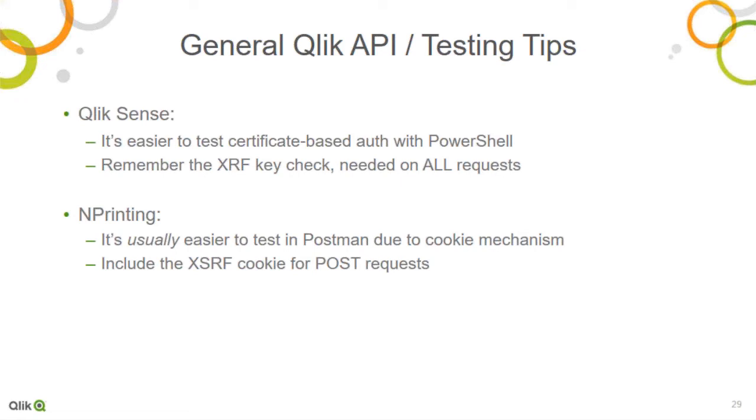And for NPrinting, it's usually easier to test in Postman just because it can automatically store cookies and use them across requests, whereas as you saw with the PowerShell example, I need to save this cookie and store it in a session and do a bunch of stuff in PowerShell to make this work. But of course, it has its own quirks. You don't need to include this XRF key check on every single request, just post request, and you're going to get that information from the cookie.